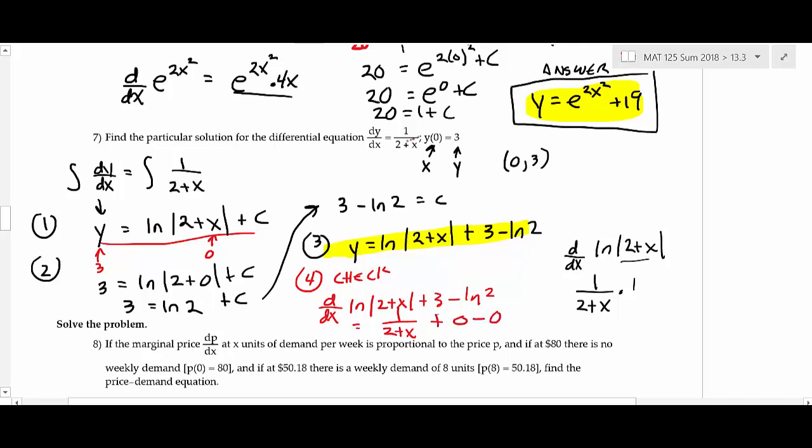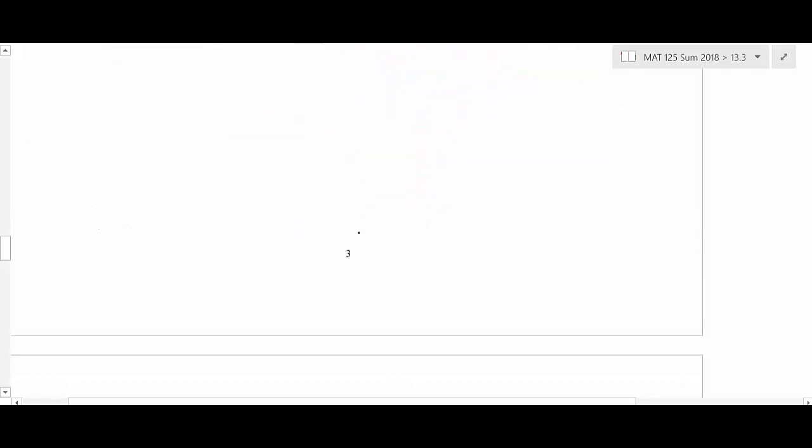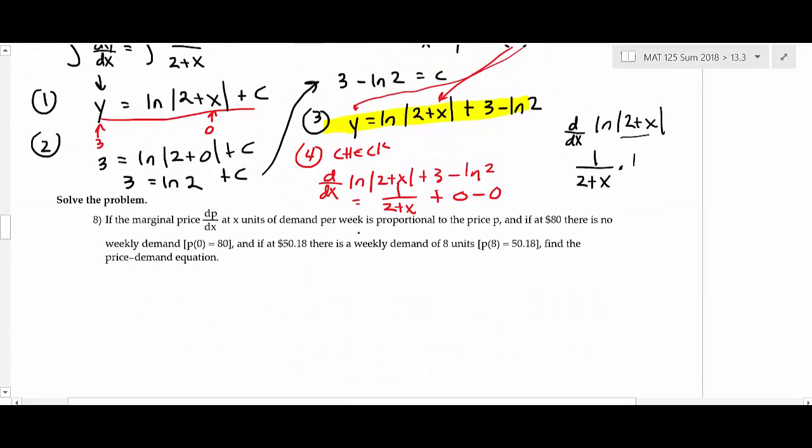Okay, so you get back to where you started, see? And then that point just satisfies the checks in that function too. So if you plugged 0 in there and plugged in 3 there, it would all check. Okay, so we'll wrap up the section with just a couple of applications.